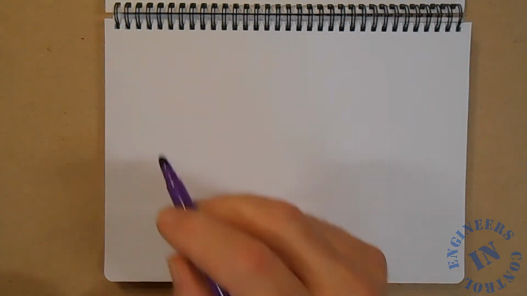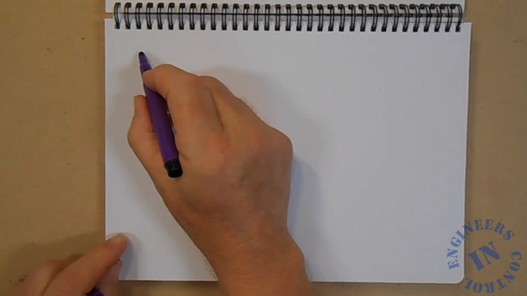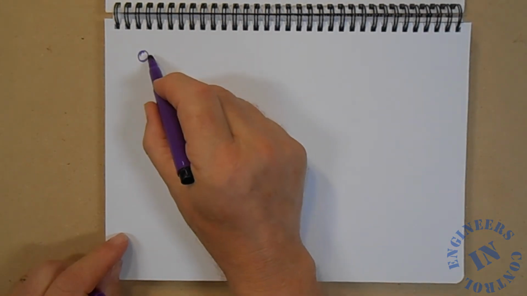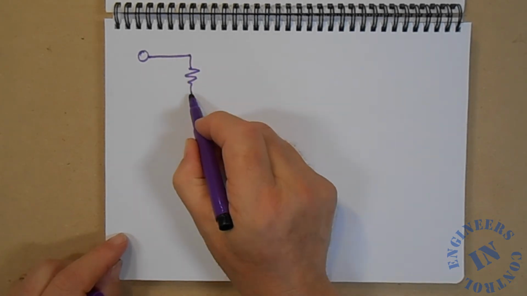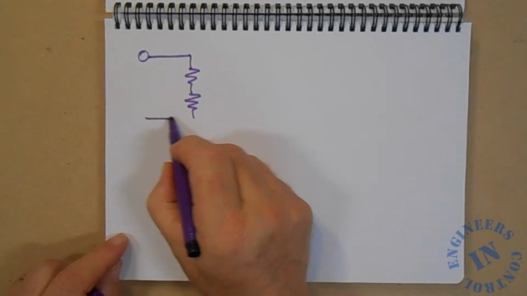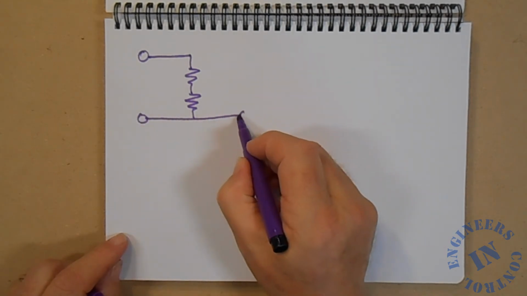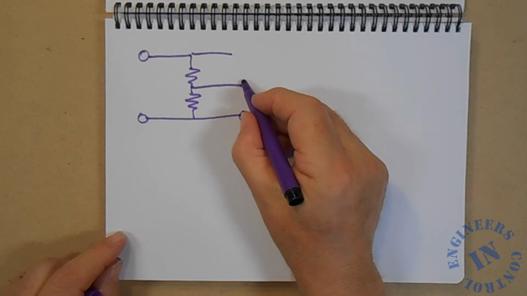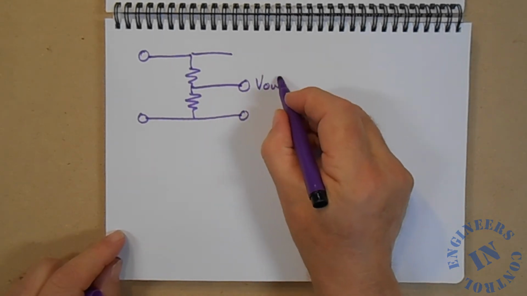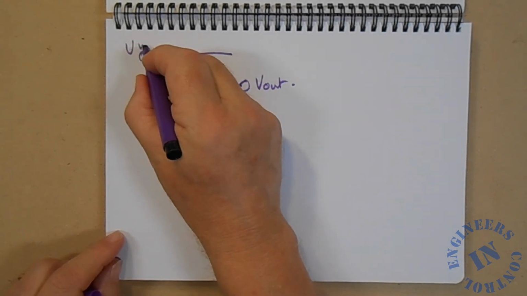And we need to start just with a bit of electronics, if you're not familiar with it. I'm going to draw what's called a potential divider circuit, a volume control if you like. And the output comes from there. That's V out, and that's V in.